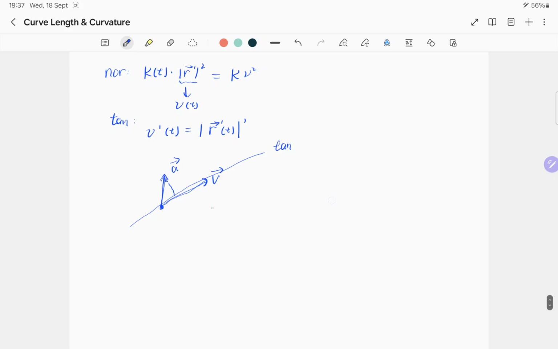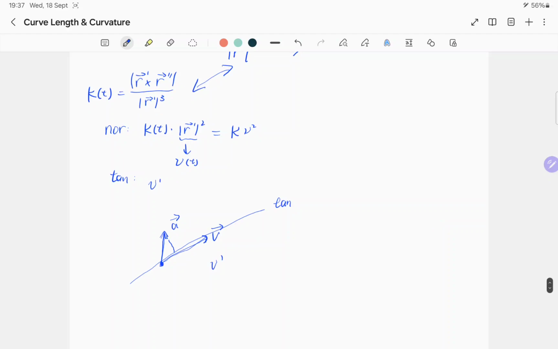We know that how the speed changes at this instant is caused by the acceleration, especially the tangential component of the acceleration. So actually it is just nu prime, because it is the tangential component of the acceleration that causes nu to change. So it is just by cheating a little bit.